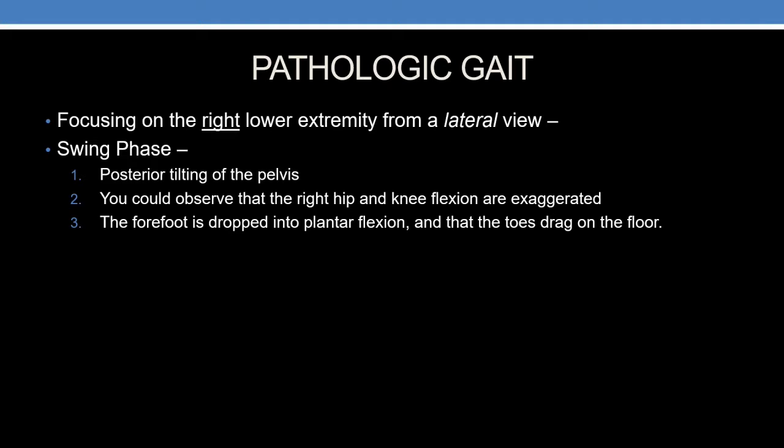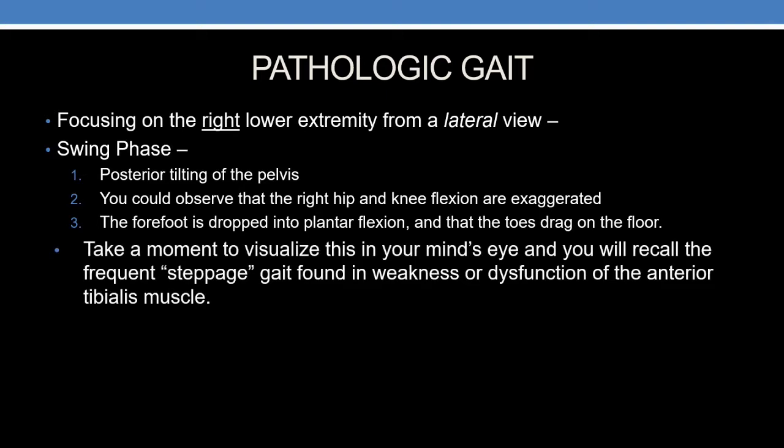And take a moment to visualize this in your mind's eye. This is describing the so-called steppage gait, or the equine gait, found in weakness or dysfunction of the anterior tibialis muscle. And there's many different causes of dysfunction of the anterior tibialis muscle.